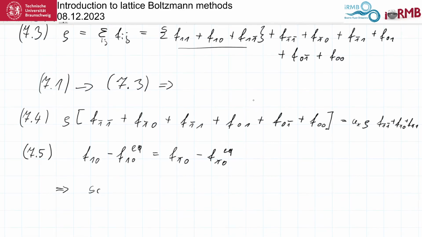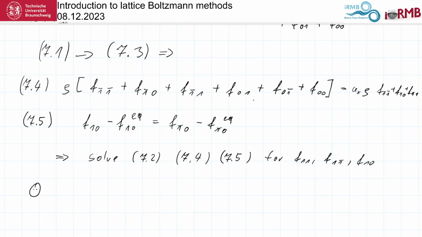And then what they do is they solve 7.2, 7.4, and 7.5 for f_{1,1}, f_{1,-1}, and f_{1,0}.